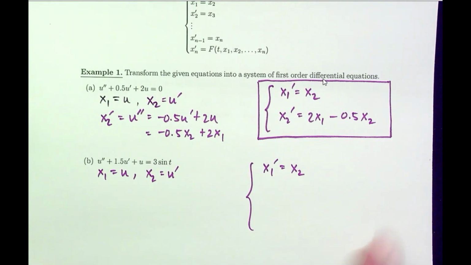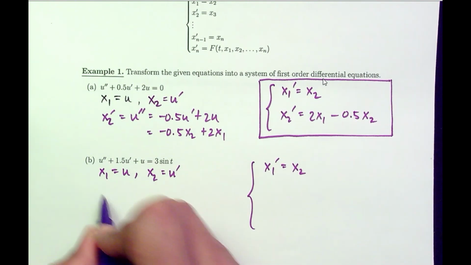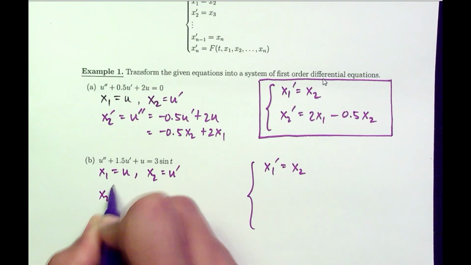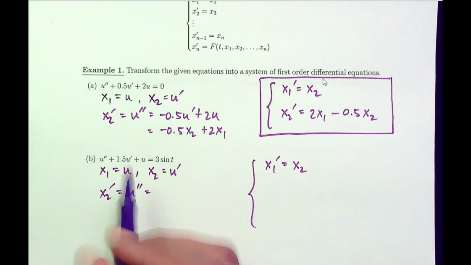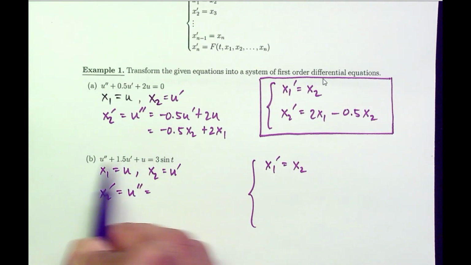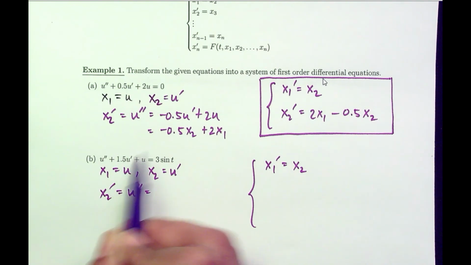Alright, and then lastly, you take the derivative of this one, so you're going to get x2 prime equals u double prime, but u double prime we can get from here by solving for u double prime. So move these two terms right here to the right side.